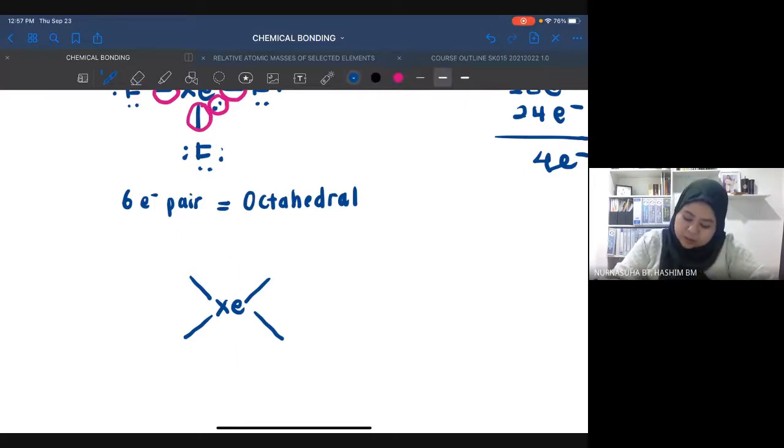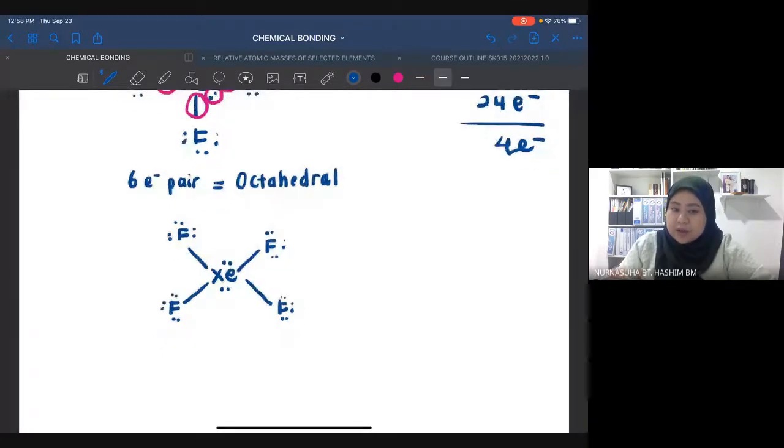So don't forget, gantikan dengan lone pair. So now, write down your surrounding atom. Okay, so this is the geometry, which is square planar. Okay, square planar. And the bond angle for square planar is 90 degree.